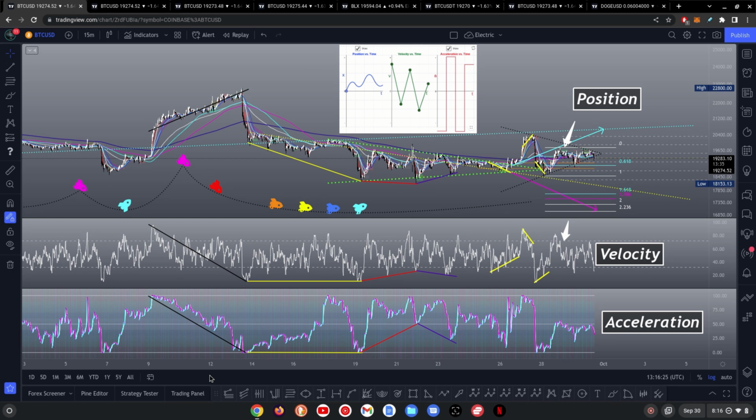And then for the stock RSI, or acceleration, given that it's more of a second order derivative, you can use it with direct comparison to the price or the position. For example, I could just be using, and I will be later on in this video, price and a stock RSI.